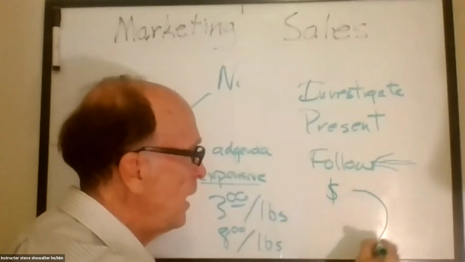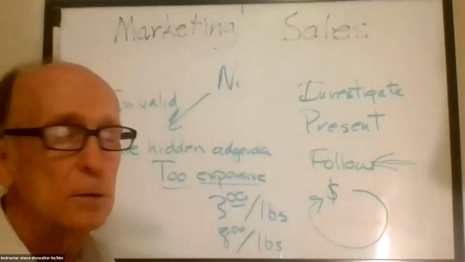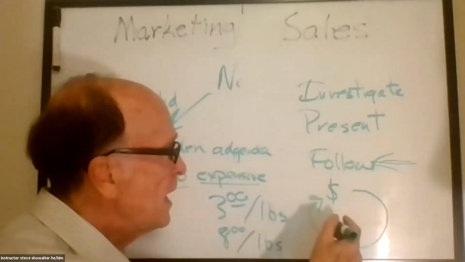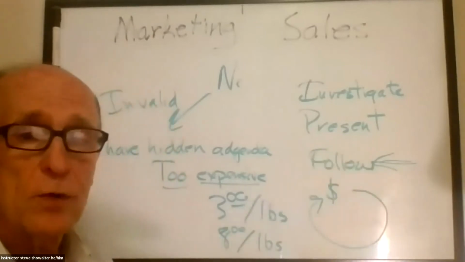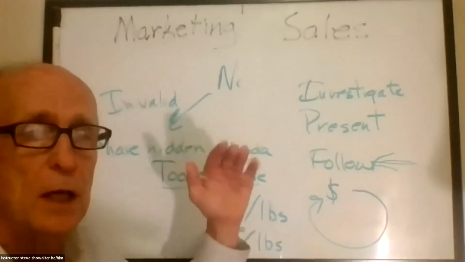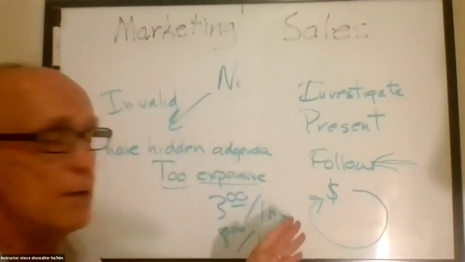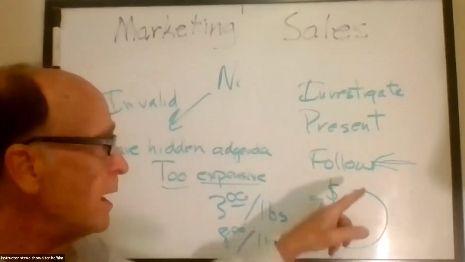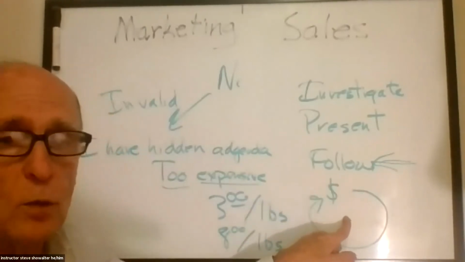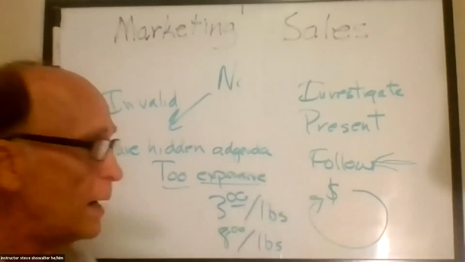I want to have them come back and buy again. I want to keep this cycle going. To do that, I want to make sure that I'm top of mind for them. I want to be the person that when they think of my kind of product, and they may not even know what my kind of product is, they might have bought one of 20 different products that I sell, but I want them to be my person.